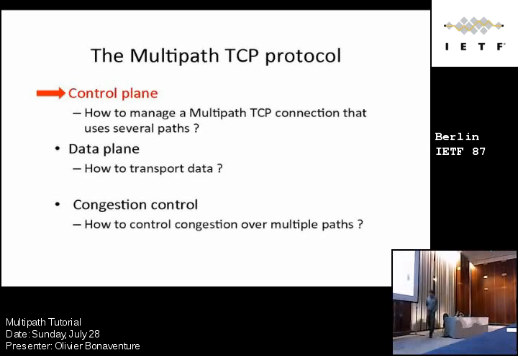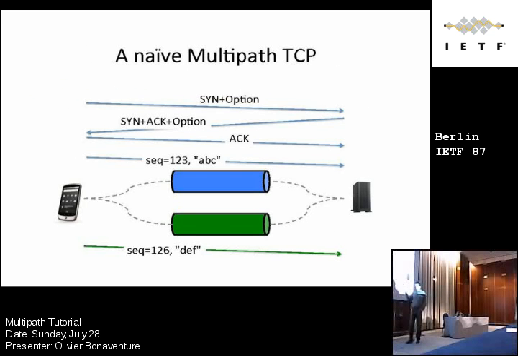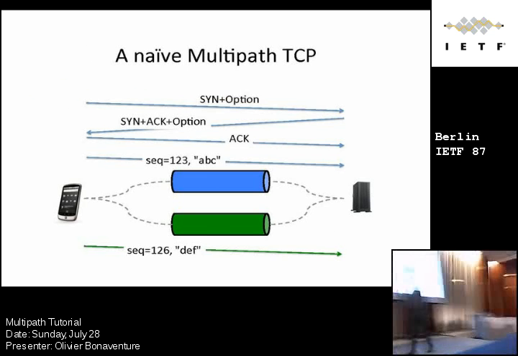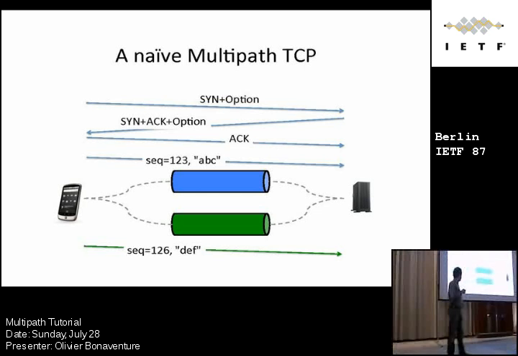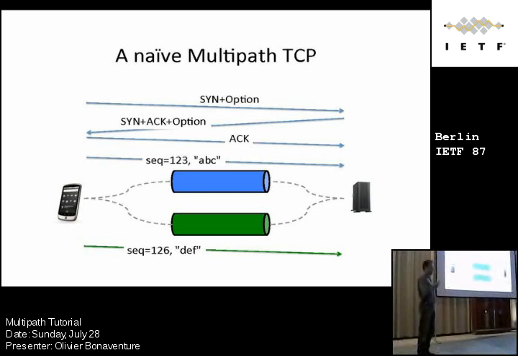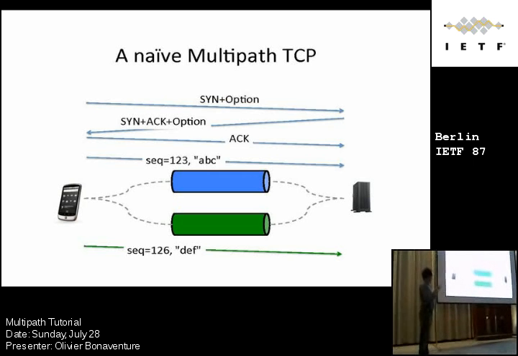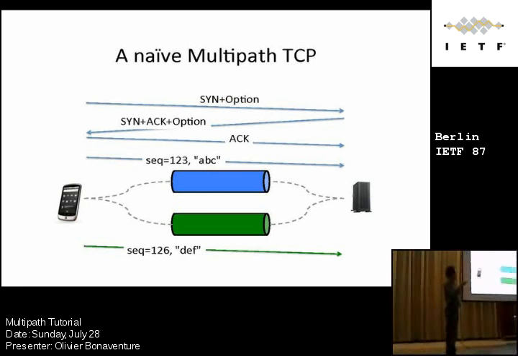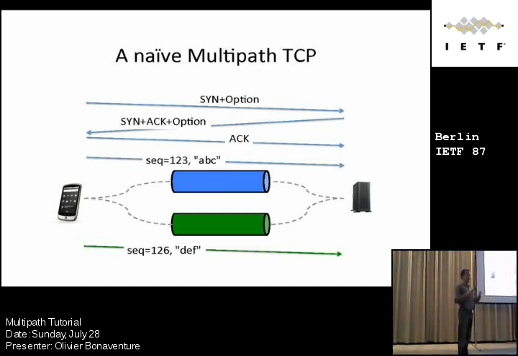So first, let's look at how multipath TCP could have been designed in the last century. In the last century, if we wanted to design multipath TCP, we could have done the following. We are doing an extension to TCP, and any extension to TCP means that when you send a SYN segment, you add inside the SYN segment an option to indicate that you are doing something more than the regular TCP.